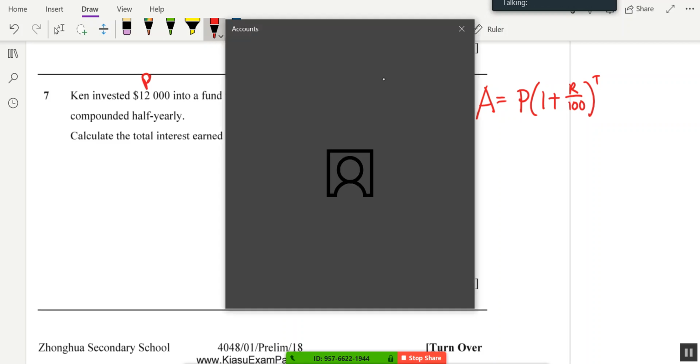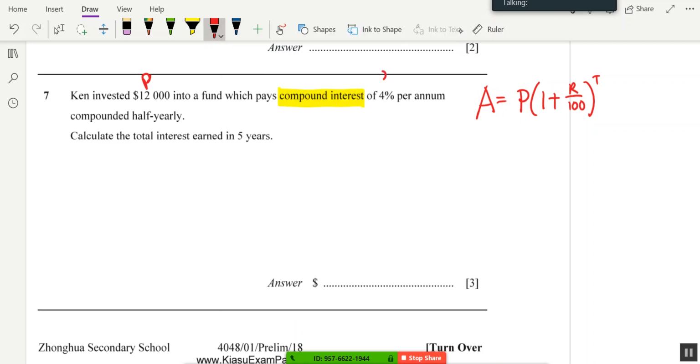Rate. But be careful. It's compounded. What is the most important thing? Half yearly. So what must happen to the rate? Once you see half yearly, your R must be equals to 4 divided by 2 equals to 2%. You must change your R first.